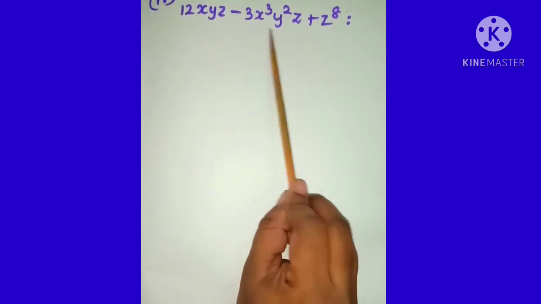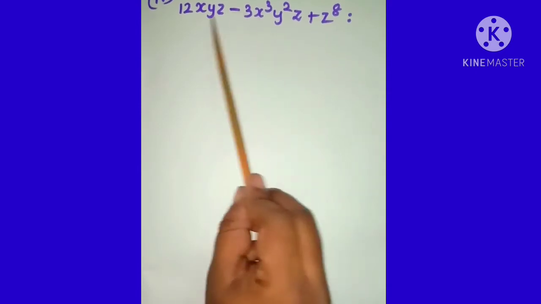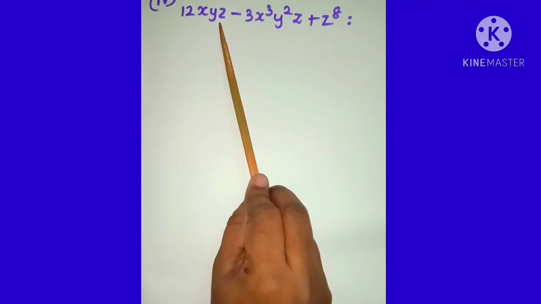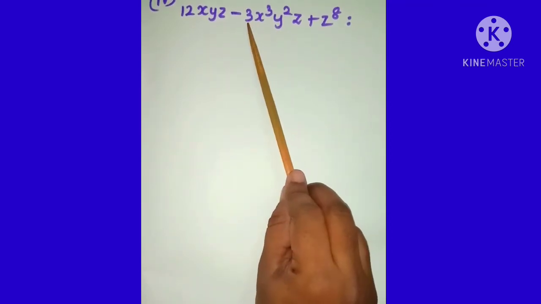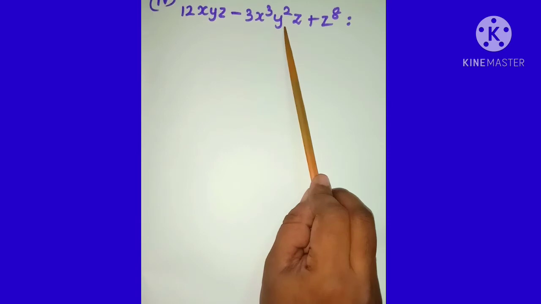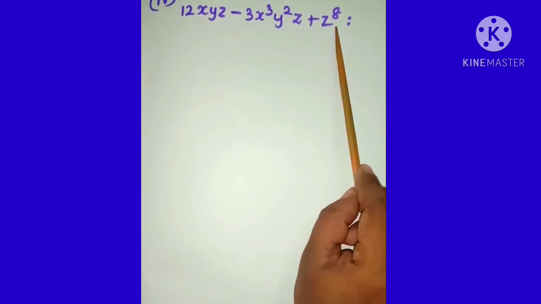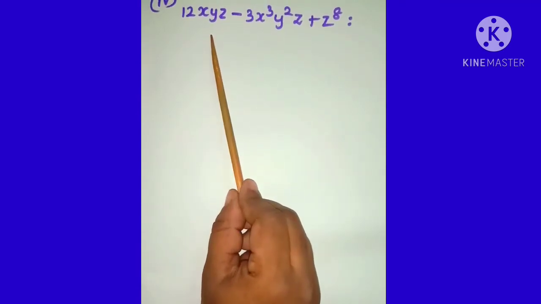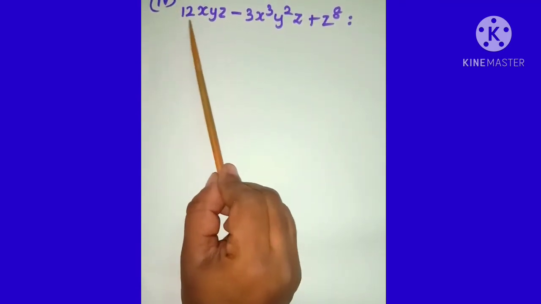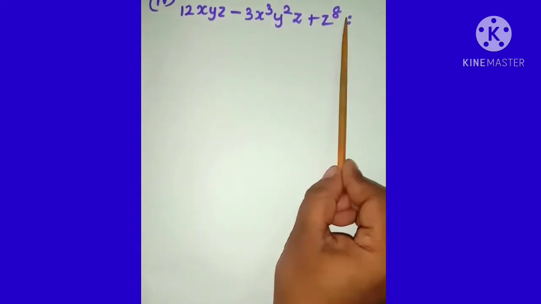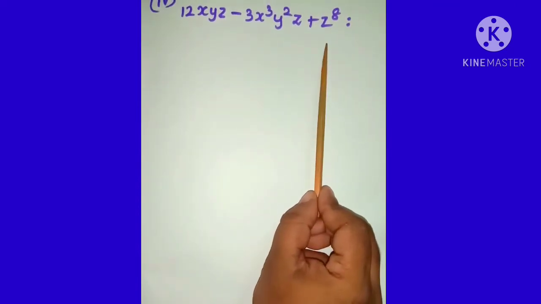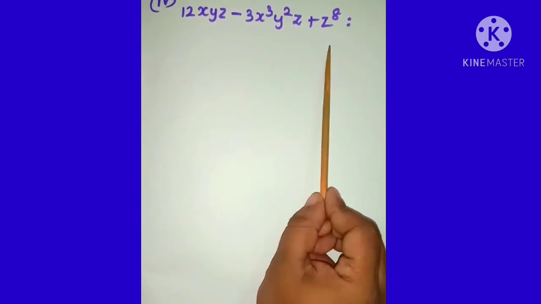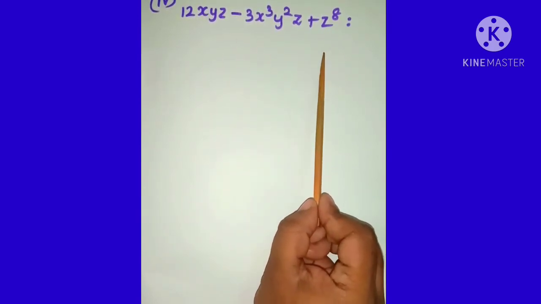So, the terms here are 12xyz as the first term, minus 3x cube y squared z as the second term, and the last one is z power 8. So here first we have to find the degree of each term, and then the term containing the higher power of the variables in an expression gives the degree of the expression.